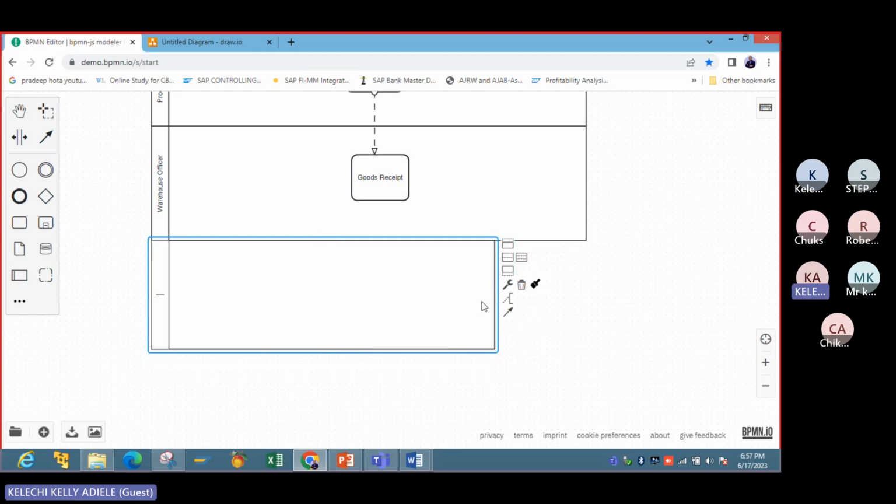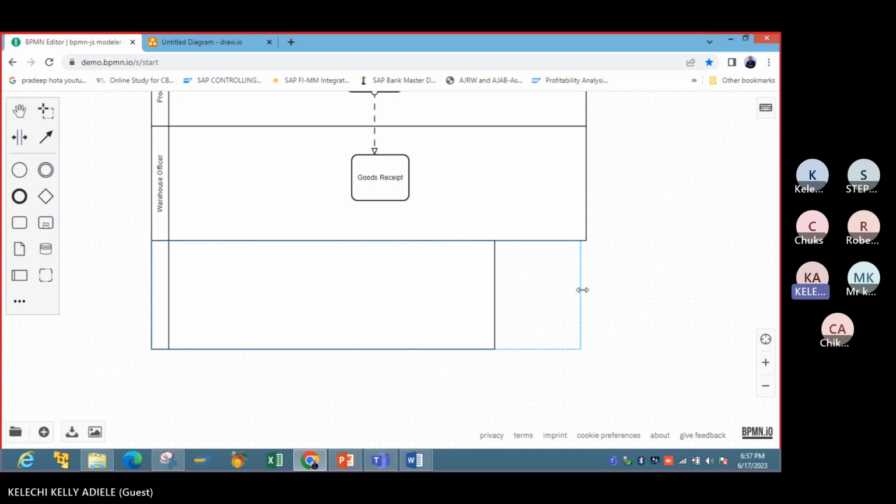So what's the next activity after goods received? Invoice received. Yeah. So the accounts officer, or AP officer, does this activity.